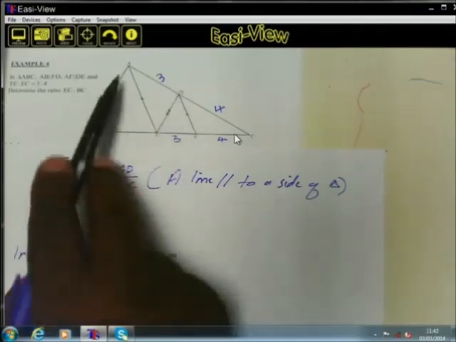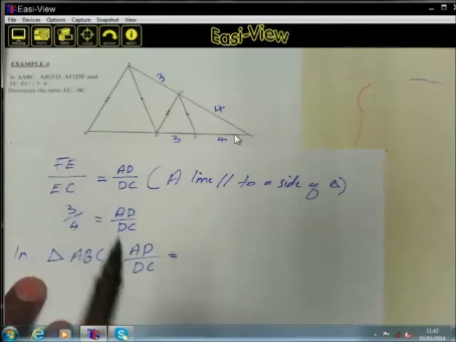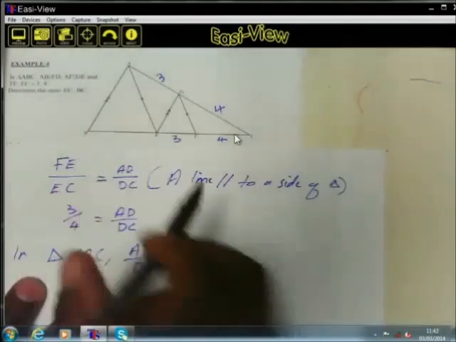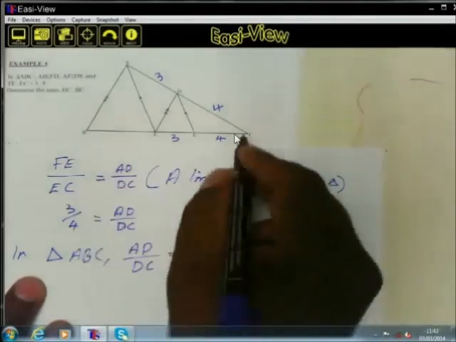You've got DF which is parallel to AB, and AB is a side of triangle ABC. So AD over DC will be equal to BF over FC.